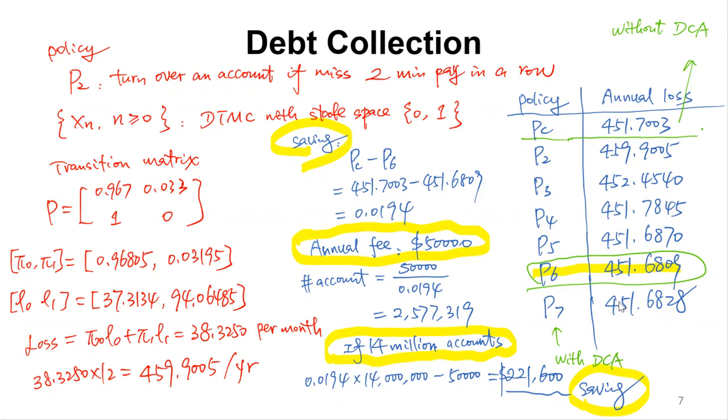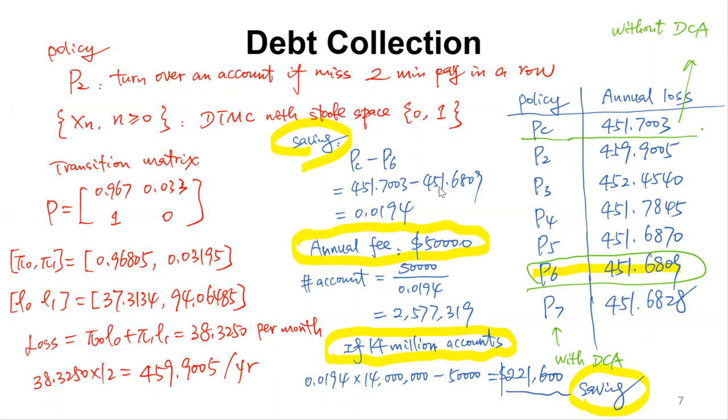And as you can see, we can use the DTMC model to analyze the cost and also the cost benefit for different kinds of policy, and when to terminate an account, and whether to use the data collection agency.